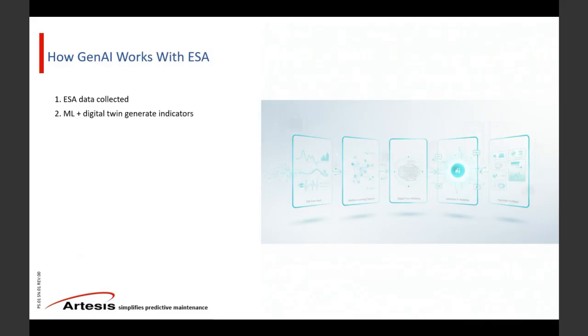And then those indicators are fed into the generative AI layer. Here is the key point that I want to emphasize. The LLM isn't sitting there trying to interpret the raw waveforms from scratch. That's not really the goal here. It's not the best use of generative AI.